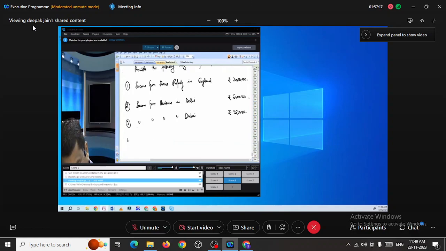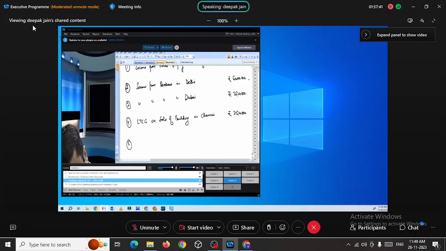Next, long-term capital gain on sale of building in Chennai, 25 lakh.